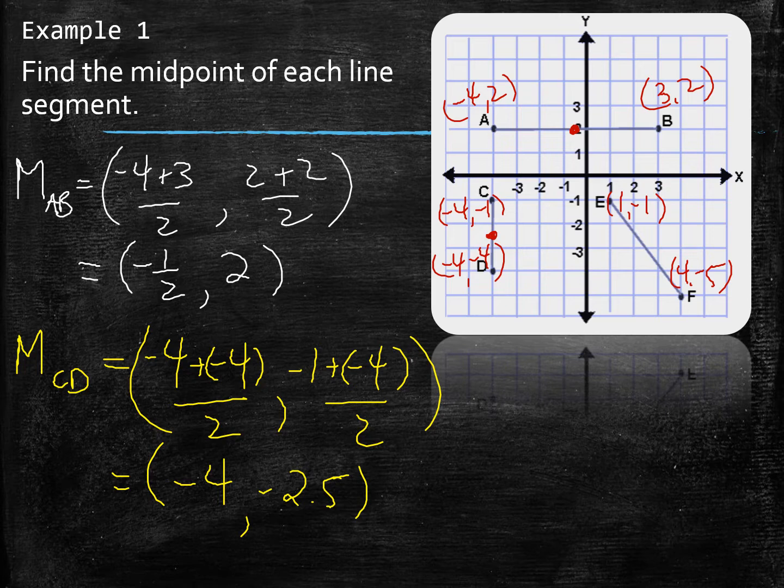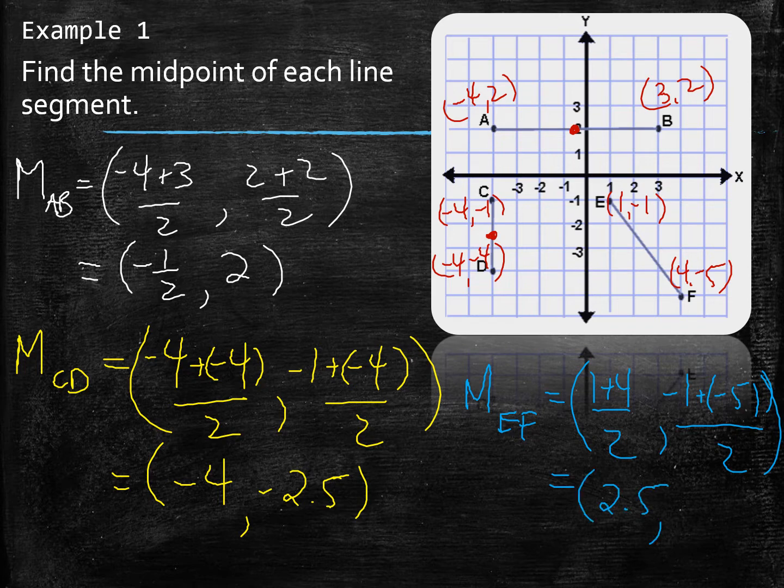Finally, midpoint of EF. My 2 x coordinates, 1 plus 4, divided by 2. And then your 2 y coordinates, negative 1 plus negative 5, divided by 2. 1 plus 4, 5 divided by 2, 2.5. And negative 1 plus negative 5 is negative 6, divided by 2 is negative 3.